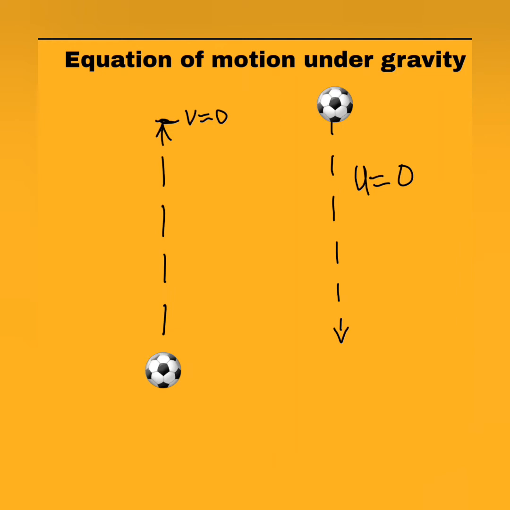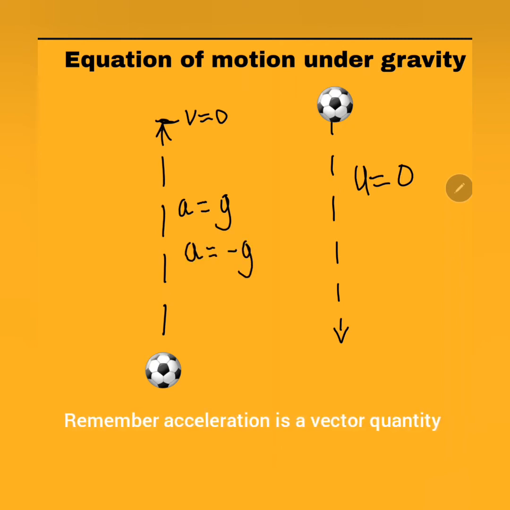Another thing you also need to know is that when an object is thrown upward, the acceleration a in the equations of motion becomes g, and that acceleration becomes minus g, meaning the acceleration due to gravity is negative when an object is thrown upward. The same thing, or something similar, can be said about when an object is dropping.